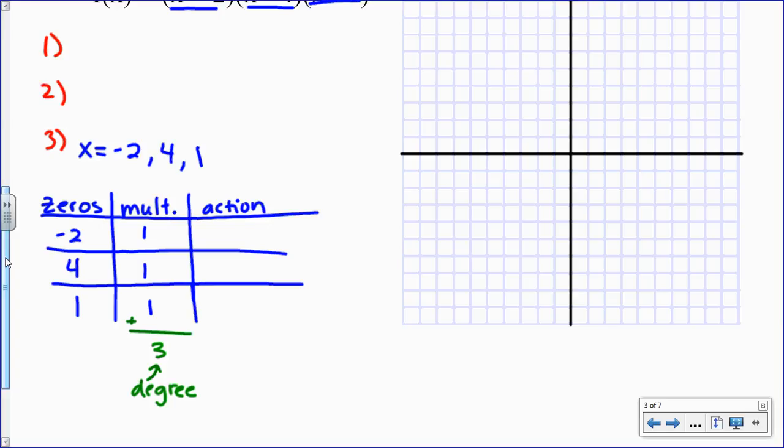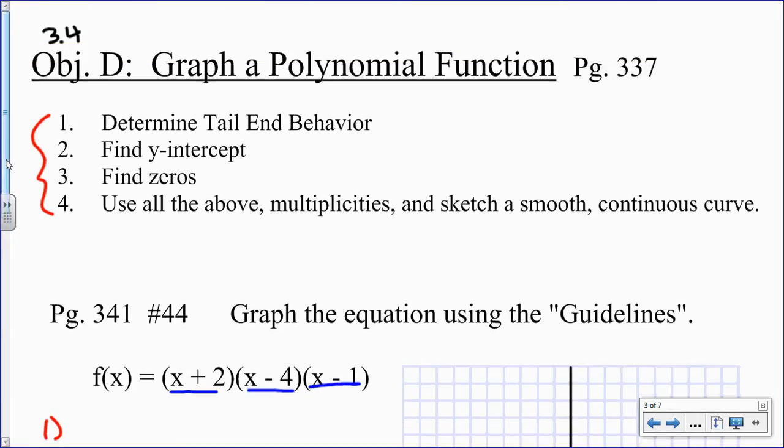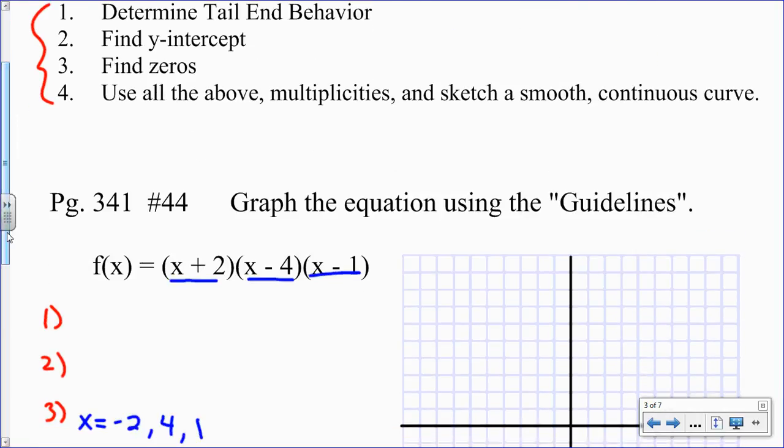Odd. So my tails are in opposite directions. Okay, and the leading coefficient, so there's nothing here out front, so that's just a 1. So it's positive. Okay, so then just informally, what's our end behavior?